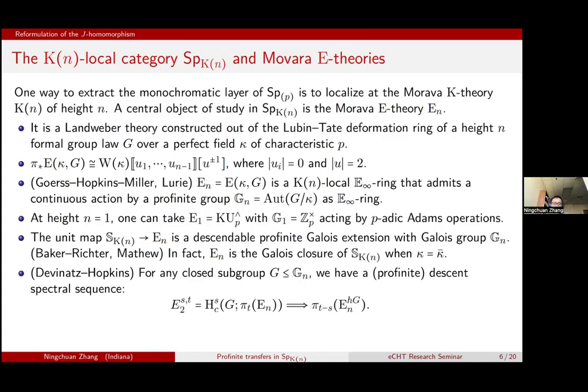And in particular, Devinatz-Hopkins showed that for any closed subgroup G of G_n, we have a profinite descent spectral sequence whose E2 page is continuous group cohomology with coefficients in the homotopy groups of E_n, and it converges to the homotopy of E_n^{hG}. In particular, if we pick G to be G_n itself, we recover the homotopy groups of the K-local sphere.